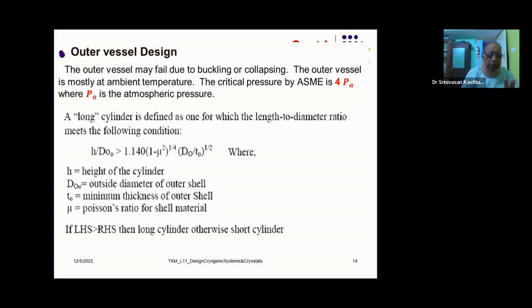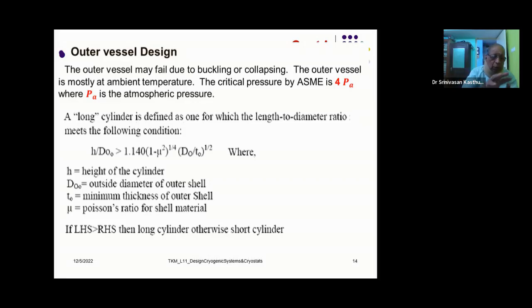The parameters are like this. H represents the height of the cylinder, D0 represents the outside diameter of the outer shell, T0 represents the minimum thickness of the outer shell, and mu represents the Poisson's ratio of the shell material.